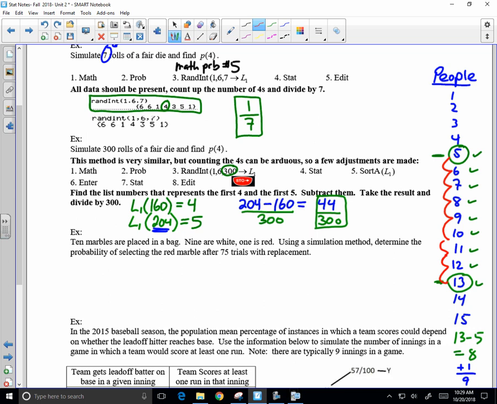So if I said, where's my first 4 and where's my last 4, I'm going to fall 1 unit short. So I go to the next category to find all the values that exist between my first 4 and the first 5, which would necessarily be just 1 short of that 5.